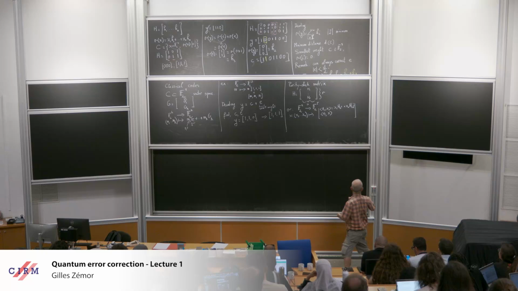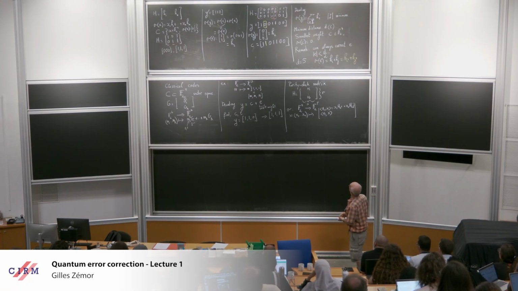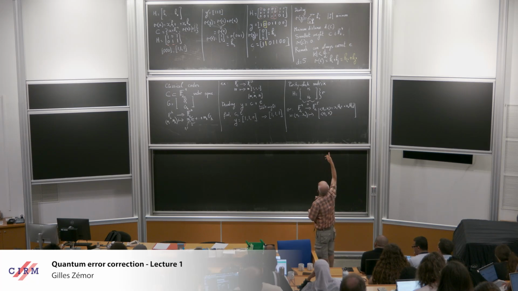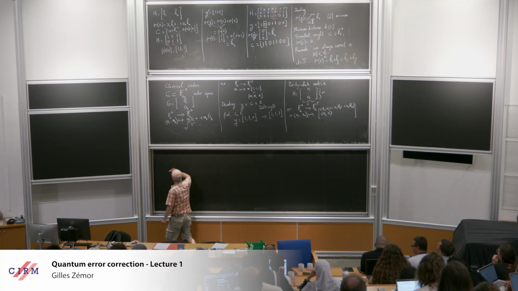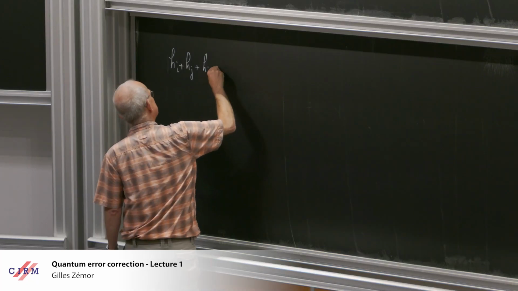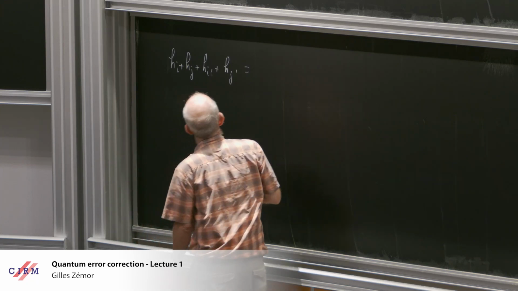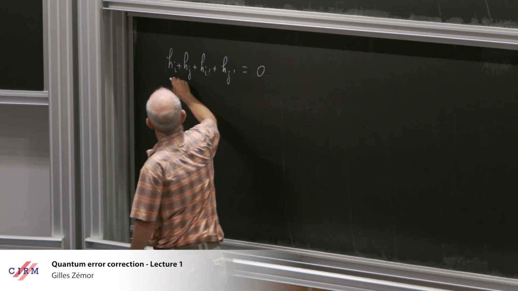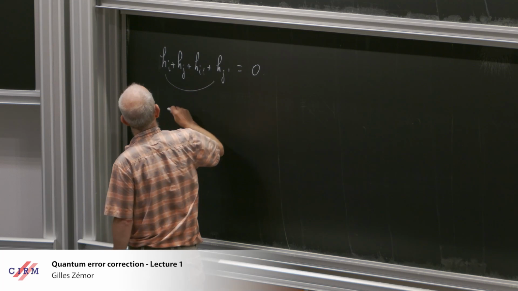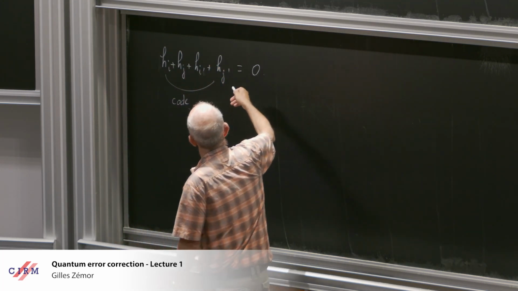Continuing from the top, if you had this, it would mean that HI plus HJ plus HI prime plus HJ prime would be equal to 0, but then this means that you have a code word of weight 4 with 0 syndrome.